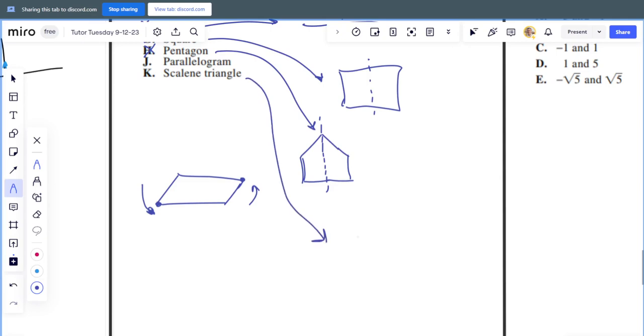Let me skip through that one and do a scalene triangle. Who remembers what a scalene triangle means? Basically, all three side lengths in a scalene triangle are different. So a scalene triangle could look something like this, that, and that.